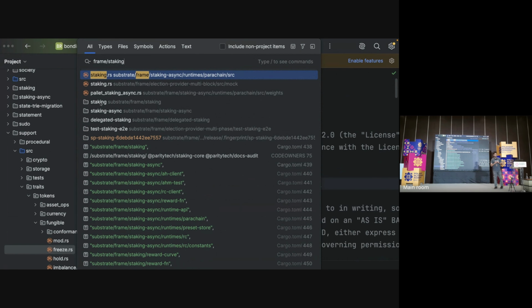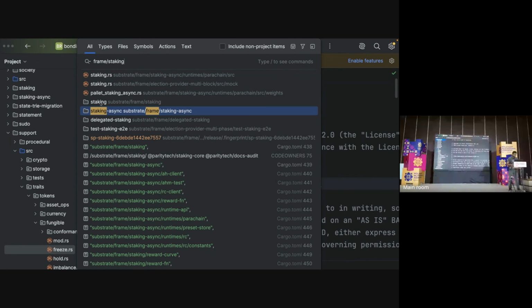Staking async is the newer version, but staking is a very complicated pallet. TLDR, we forked the staking pallet because of some reasons. We are kind of moving the pallet to another chain. Fun story, maybe in some other office hour. So staking async is the latest fork, and just staking is the old thing.